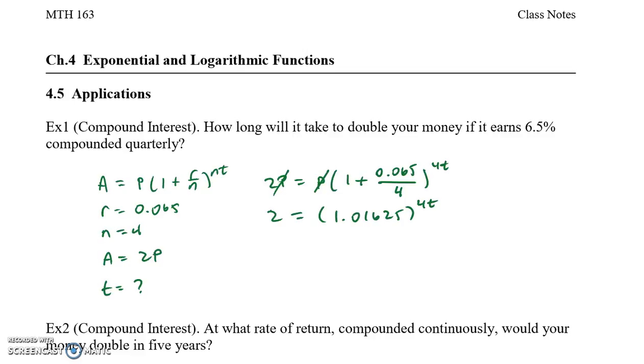Now, how do we solve for t? Well, t is an unknown in the exponent. We solve for what's in the exponent usually using logarithms. And in this case, as I did frequently in the previous section, I will use natural logarithms. So take the natural log of both sides of the equation.